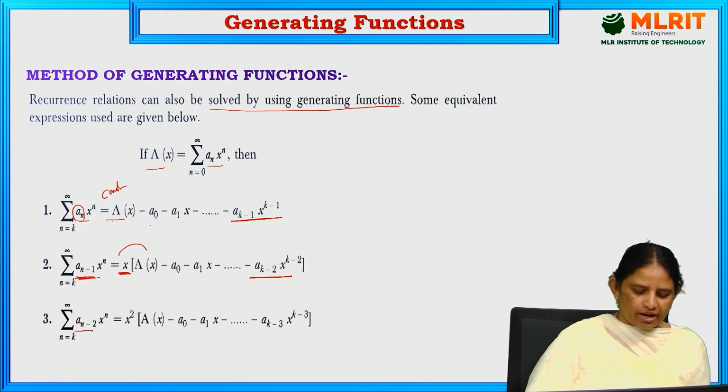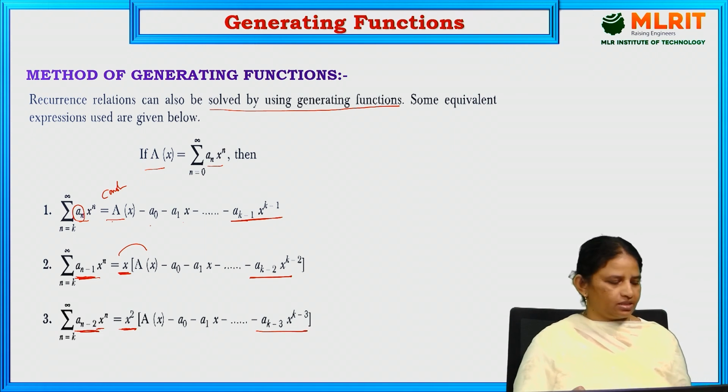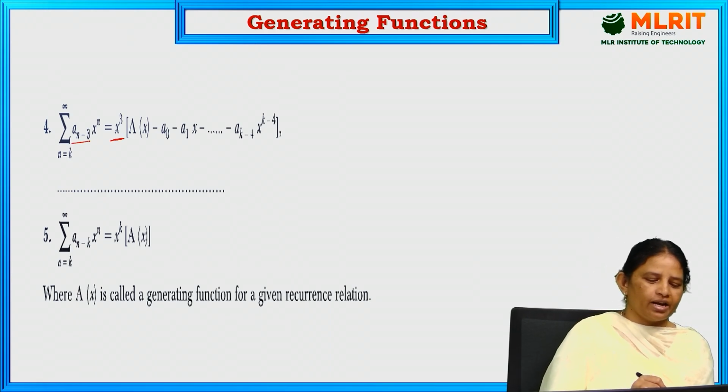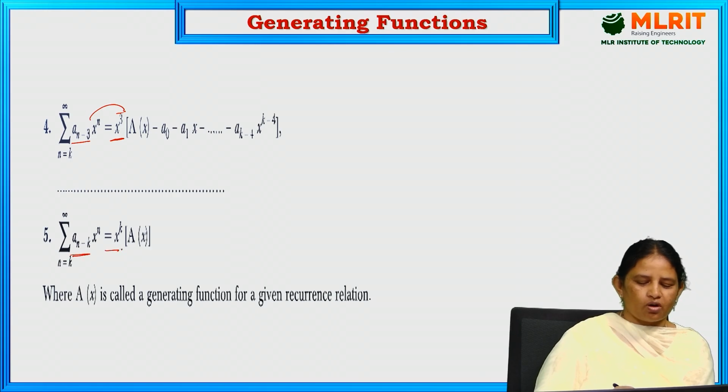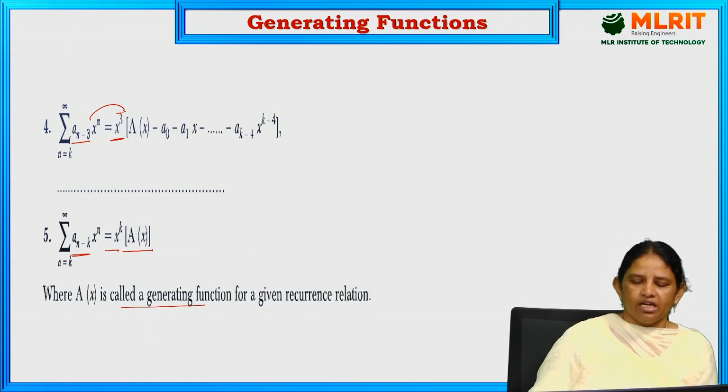Suppose a_(n-2) x^n, then x squared, and for the second term x squared, the last term will be reduced to a_(k-3) x^(k-3). Then if it is a_(n-3), it is x cubed. Then if it is the k term, x to the power of k, A(x) is the last term. We need to remember all these formulas before solving the recurrence relation.